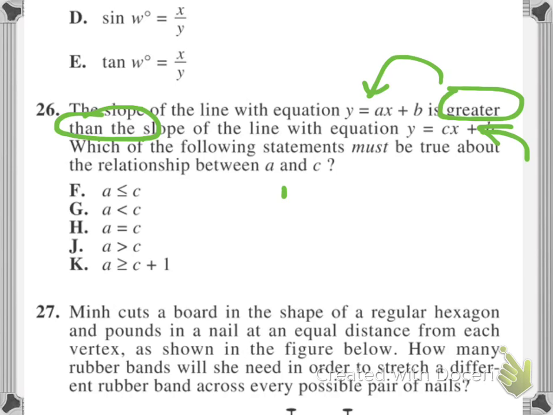So I know that A has to be greater than C. Which of the following statements must be true about the relationship between A and C? Well, there you go. I actually answered the question before I even got to the question, so it's got to be J. A has to be greater than C if the slope of one is greater than the slope of the other.